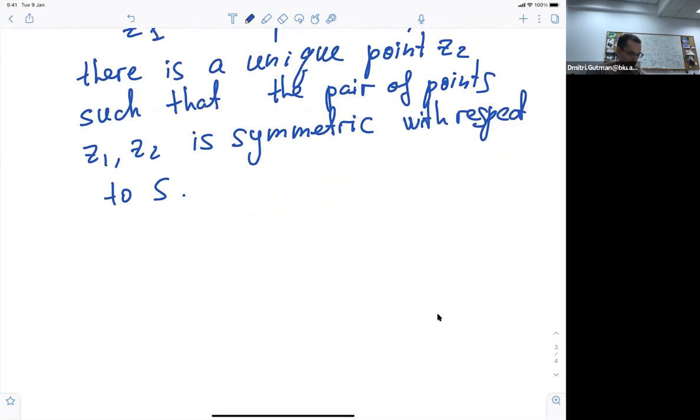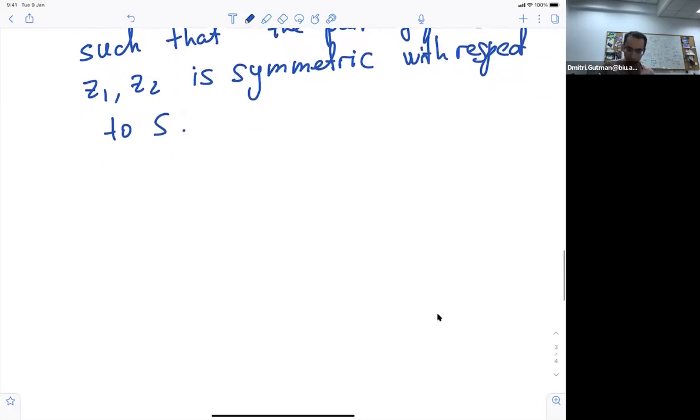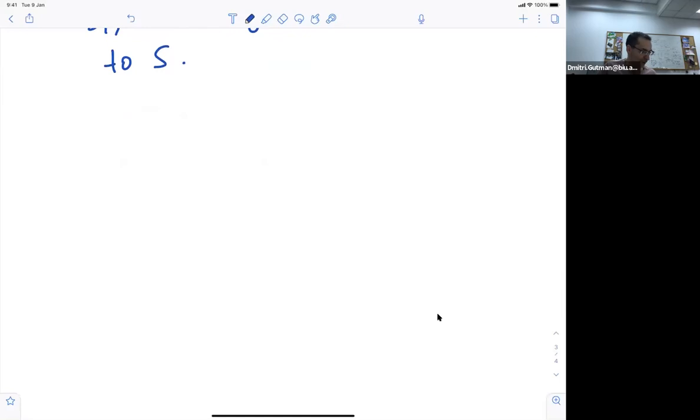So how do we prove this theorem? It's very simple. Let me sketch you the idea of the proof. Suppose S is a straight line, and there is a point Z1 which is not on this line. How can we make sure that there exists one and only one point which is a reflection of this?